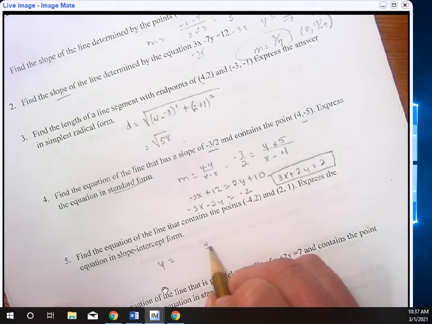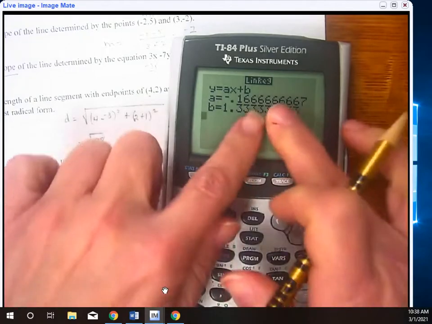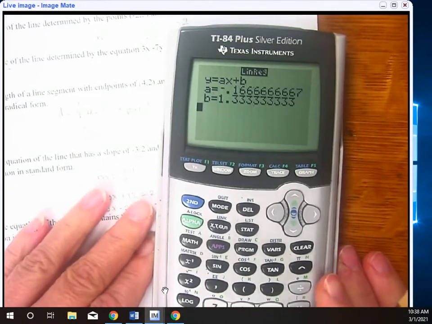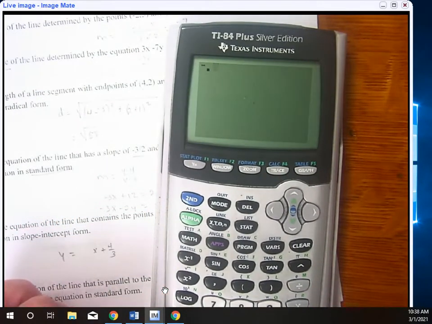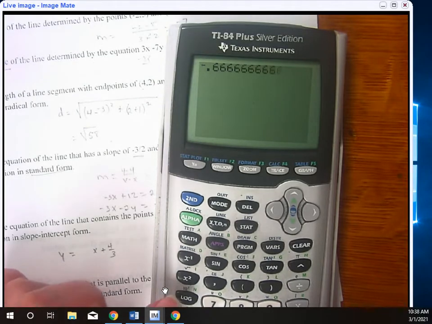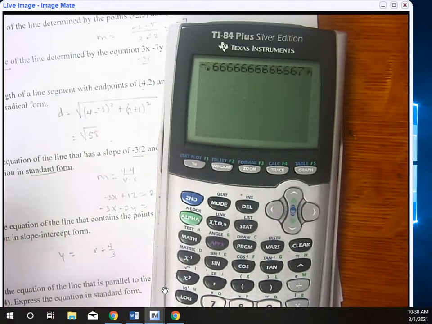Now, what did you do for the negative 0.16 repeating? How did you figure out that one? Math, fraction, enter.